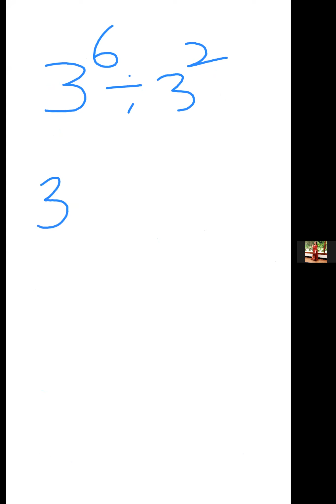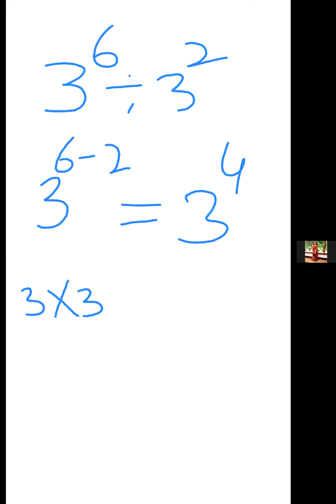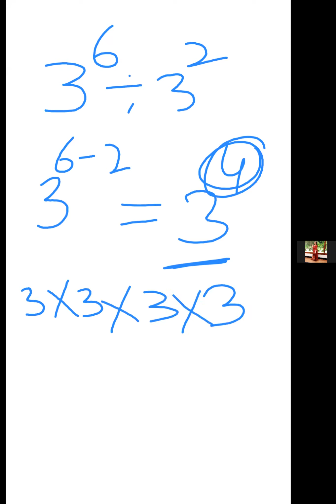So 3 raised to power 6 minus 2, so 3 raised to power 4. It means 3 is multiplied how many times? 4 times. So 3 multiply 3 multiply 3 multiply 3. कितना आ गया? 3 3s are 9. 9 3s are 27. 27 3s are 81. Now it is clear? Okay, yes good, मैम.